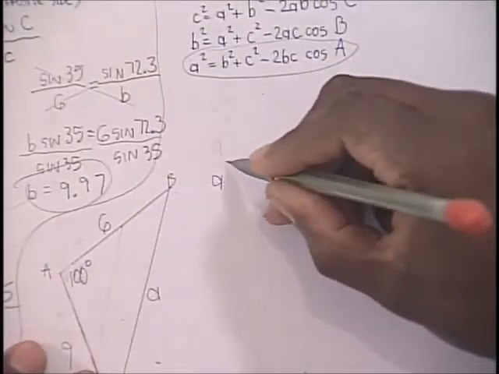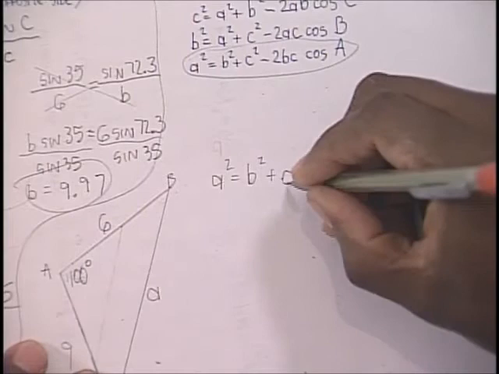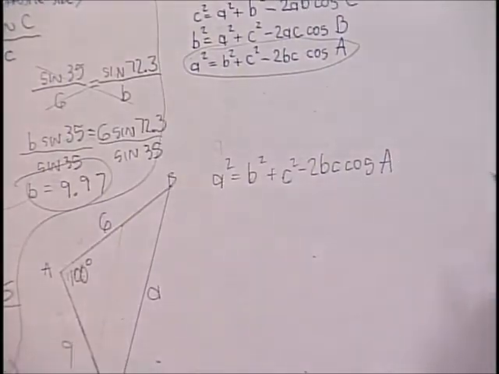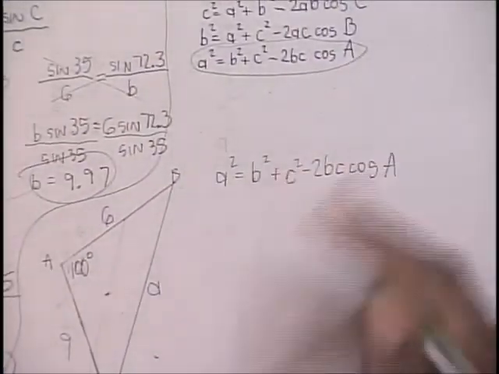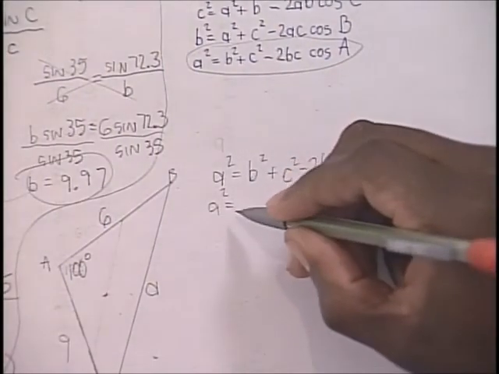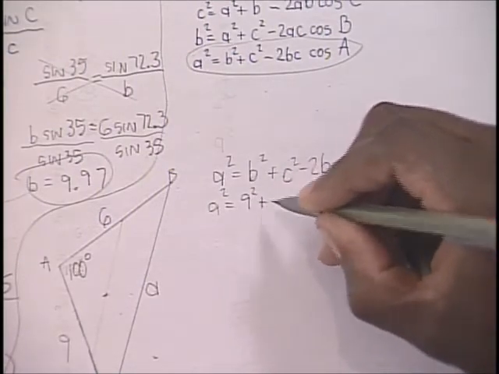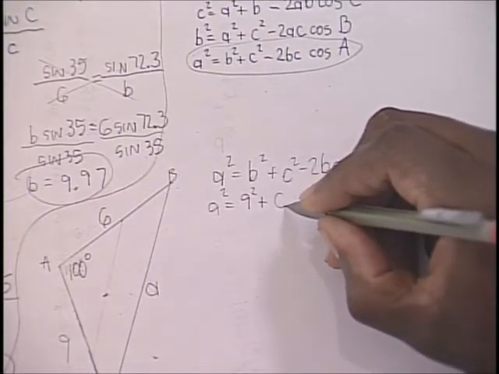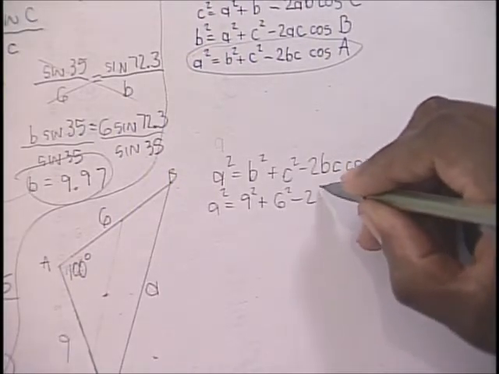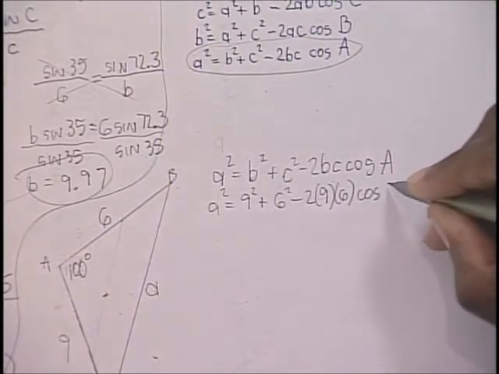Let me write it down right here. A squared is b squared plus c squared minus 2bc cosine of A, where A is 100 degrees. All right, so let's substitute into this law of cosines. We have a squared is equal to b squared, that's 9 squared, plus c squared, that's 6 squared, minus 2 times 9 times 6 times the cosine of 100.